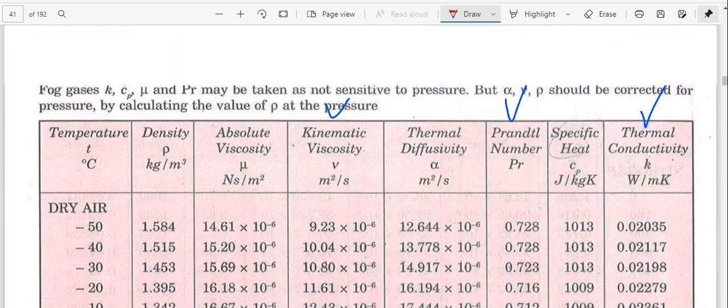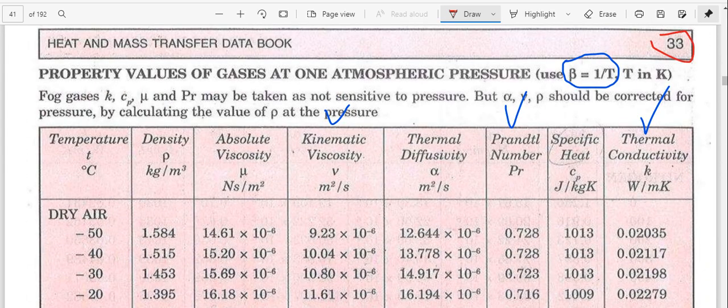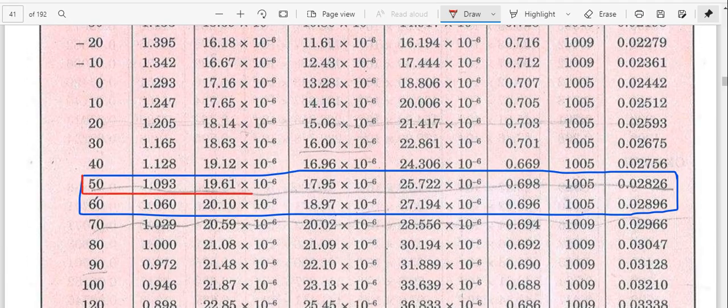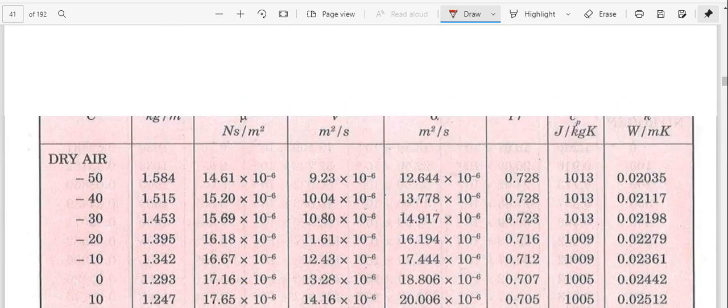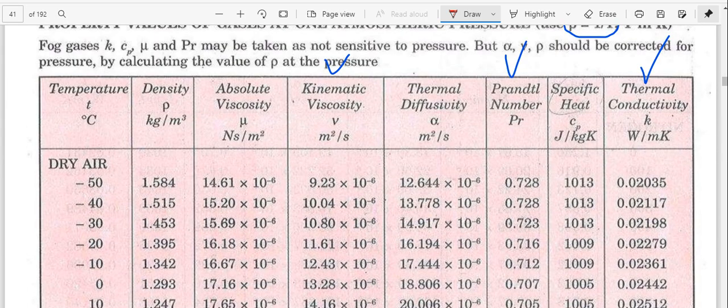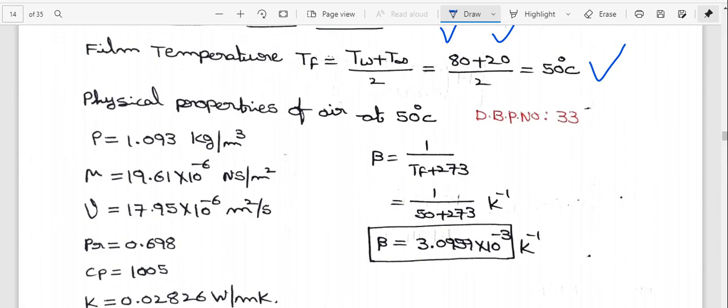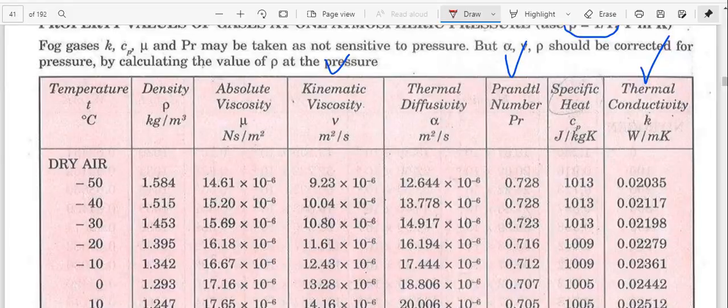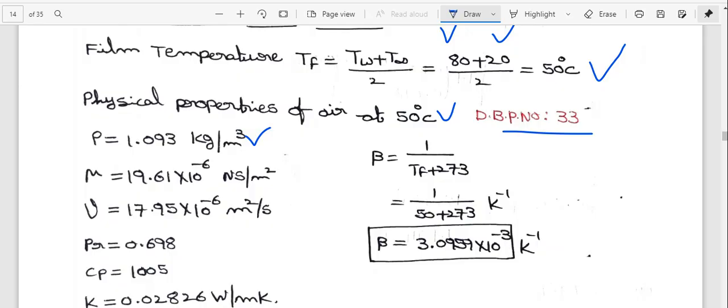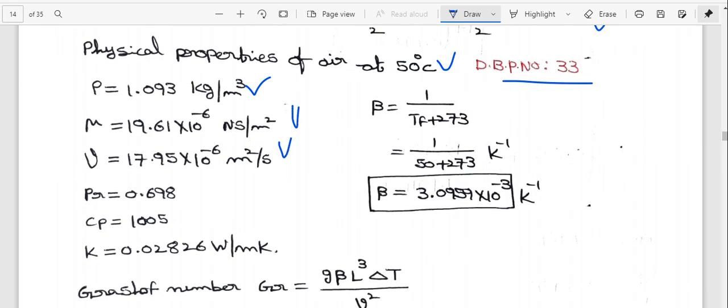From data book page number 33, at 50 degrees, we need to consider dry air properties. So page number 33, the mu value, nu value, Prandtl number, Cp value and K value are noted from the data book.